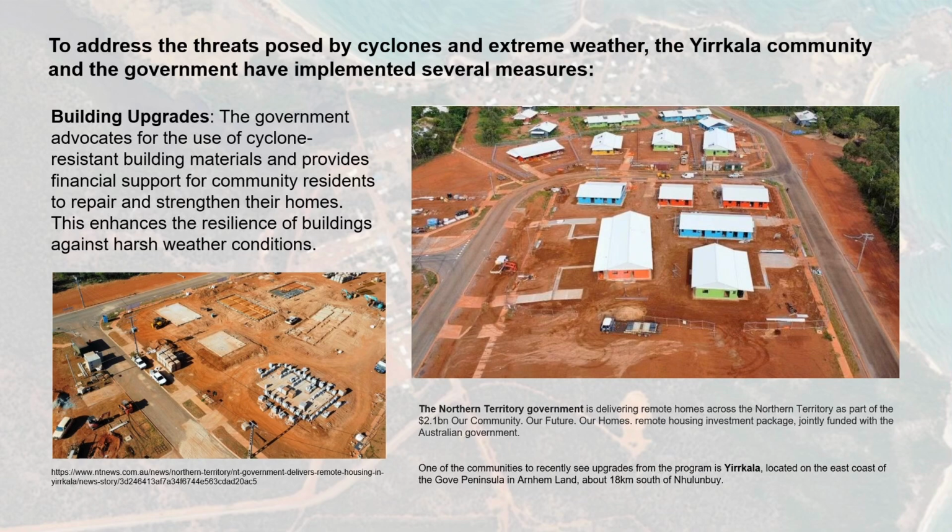You can see photos of some rebuilt homes on the right, located on the east coast of the Gulf Peninsula in Arnhem Land, about 18 kilometers south of Nhulunbuy.